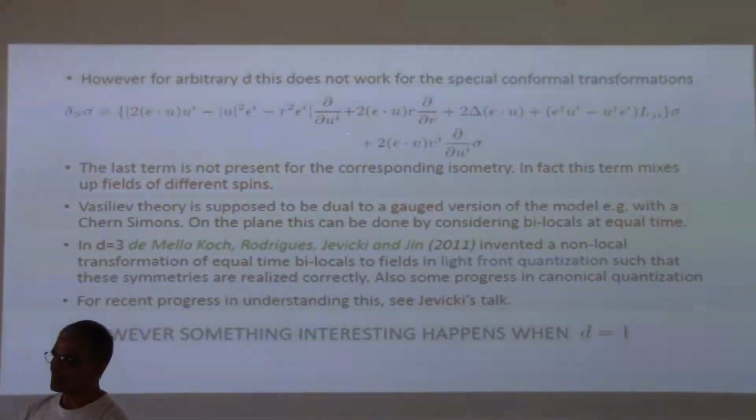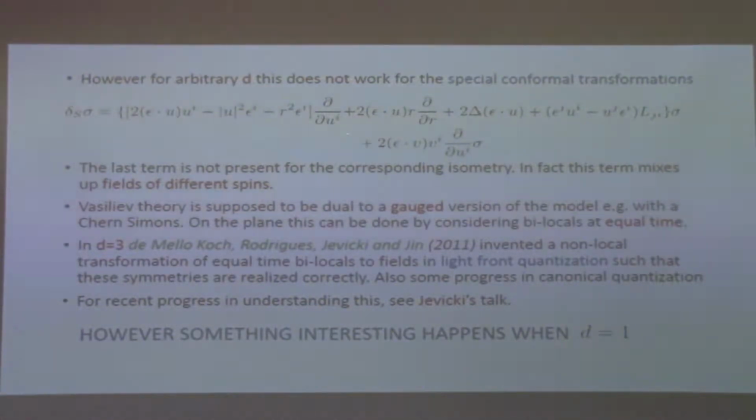So the end point of the story is that these bilocal fields themselves should not be considered as the conventional higher spin fields, but there is a transformation which they invented, and I'll tell you how this actually comes about.